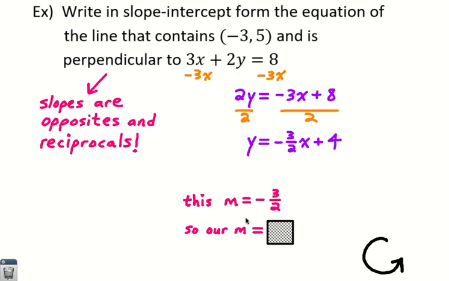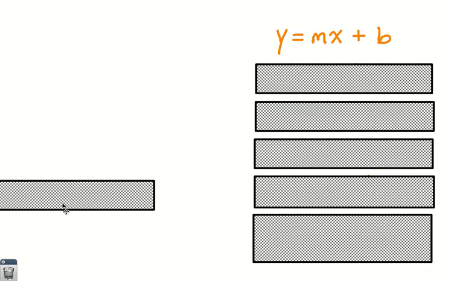That's it. And so we learned that it was -3/2, but we want our equation slope to be perpendicular, opposite reciprocal, so +2/3. All right? +2/3. Pause the video if I'm going too fast and write that down.